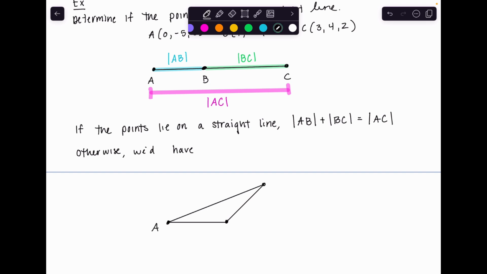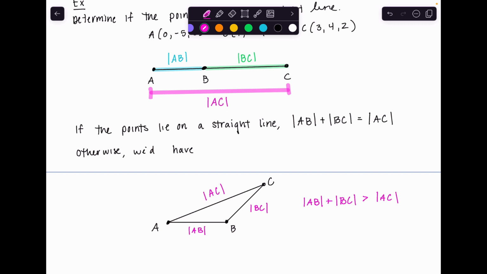So maybe here's A, B, C. This side here would be the distance from A to B. This side here would be the distance from B to C, and then A to C. And we know then if I add these two together, AB plus BC, it would be bigger than the third side of the triangle.